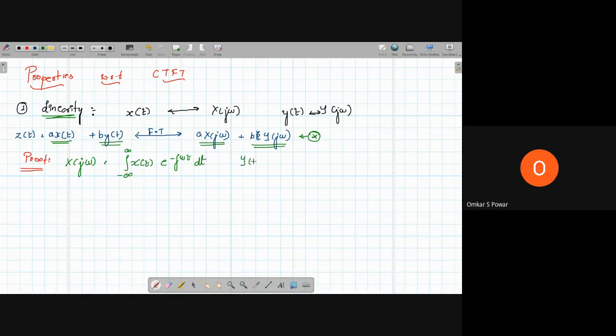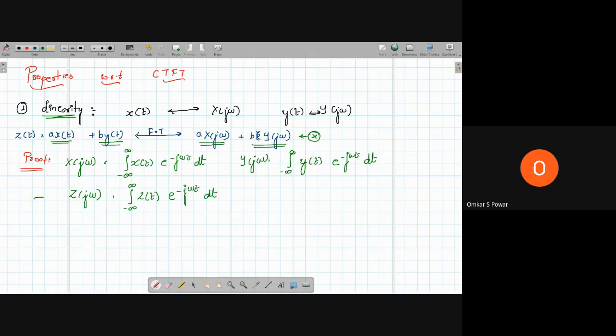Similarly, Y of j omega is equal to integral minus infinity to infinity y of t e power minus j omega t dt. Now, similarly, Z of j omega is equal to integral minus infinity to infinity z of t e power minus j omega t dt.